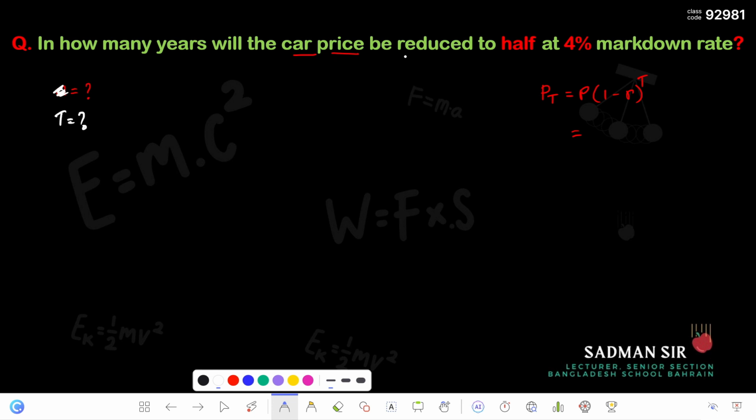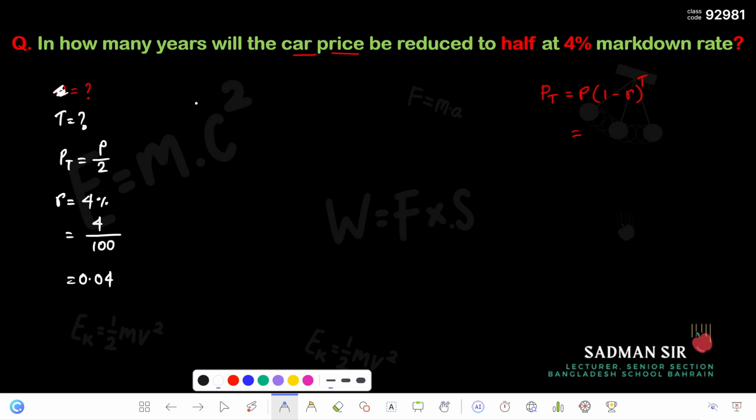And the car price will be reduced to half. That means the final price, that is Pt, should be half of the initial price. And 4% markdown rate, that is the rate of depreciation. So whenever the value is decreasing, it is known as depreciation. So 4% means 4 divided by 100, it will be 0.04.